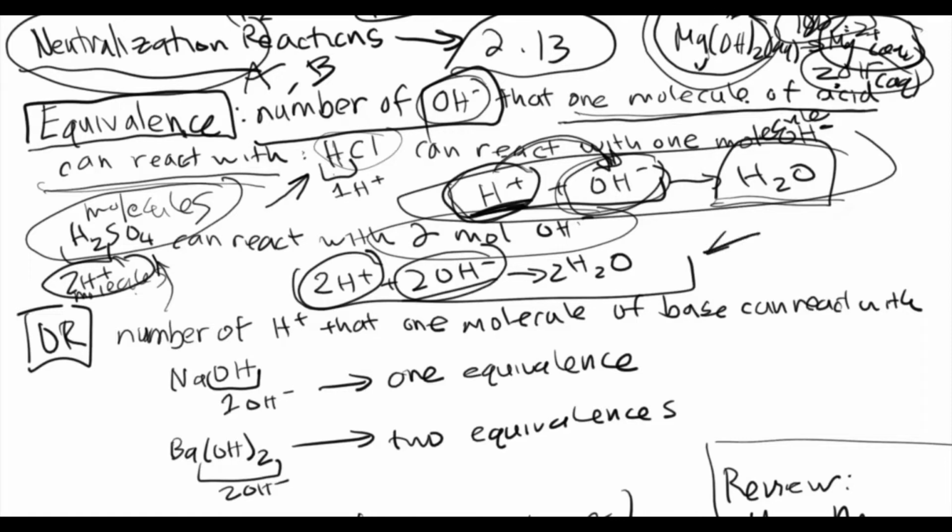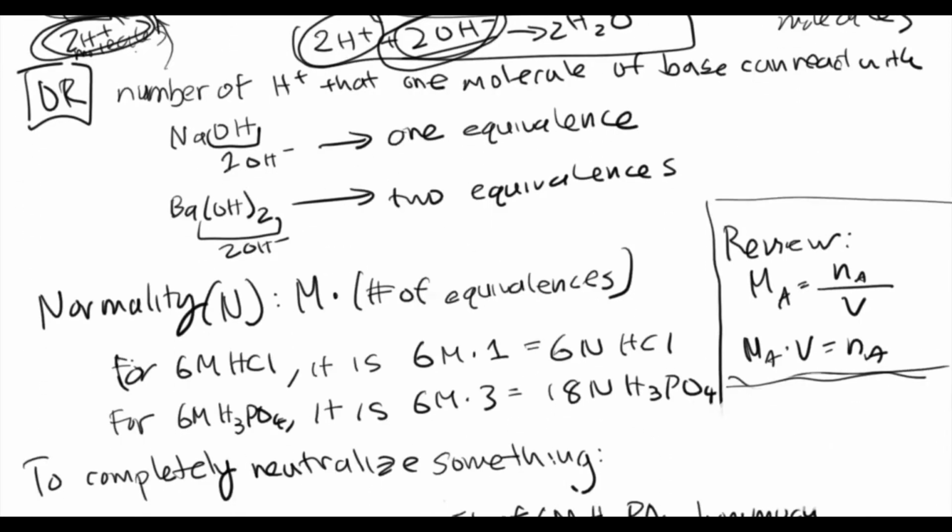Remember, we could read this reaction in terms of moles and molecules. So, because of that, that means that H2SO4, or one molecule of H2SO4, has an equivalence of 2 because it can react with 2 OH minuses since it has 2 H pluses.